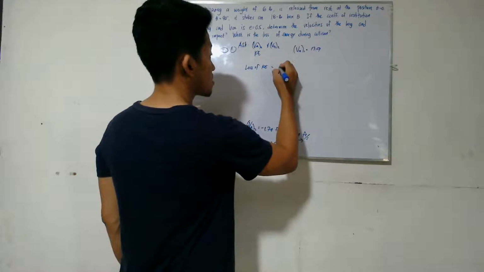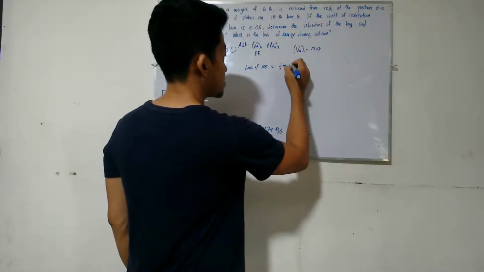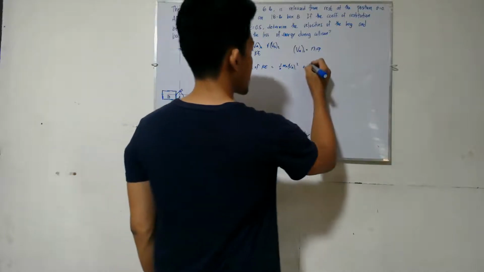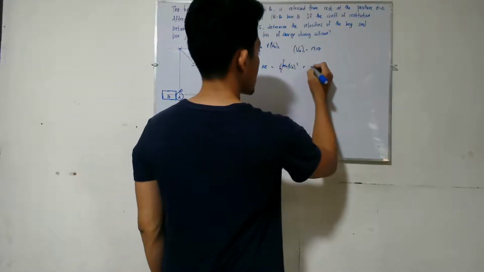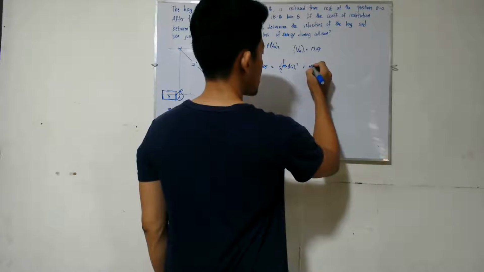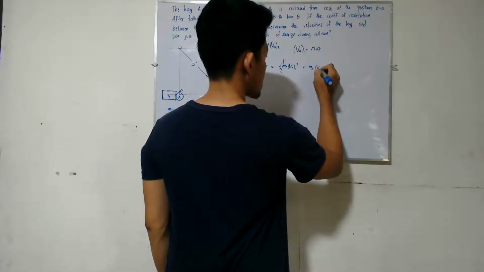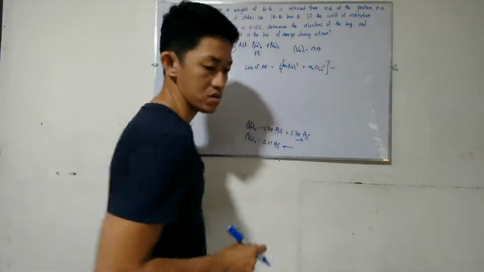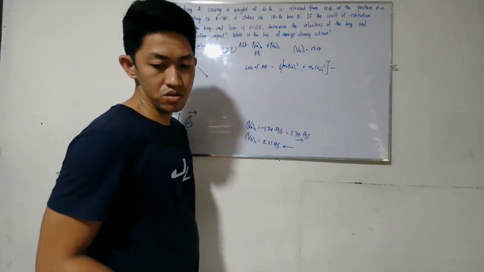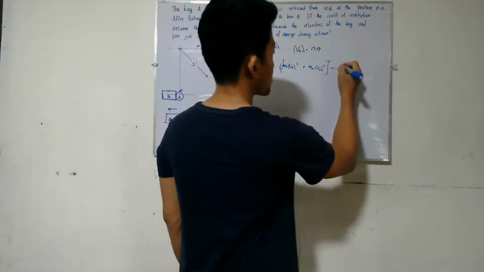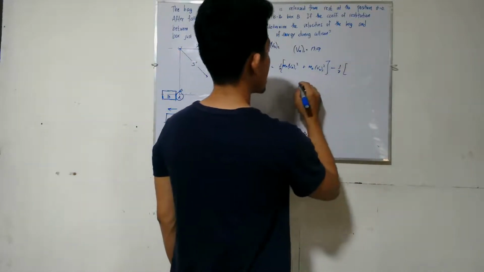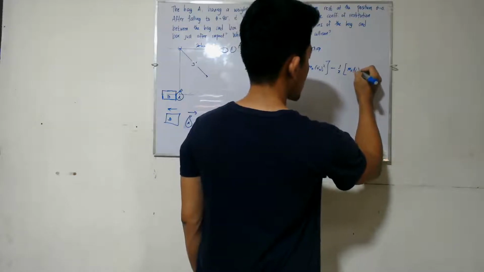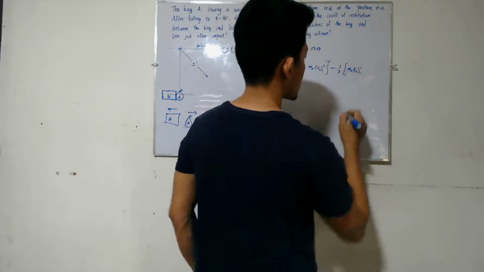So, 1 half MAVA1 squared plus 1 half MB velocity B1 squared minus 1 half MAVA2 squared.